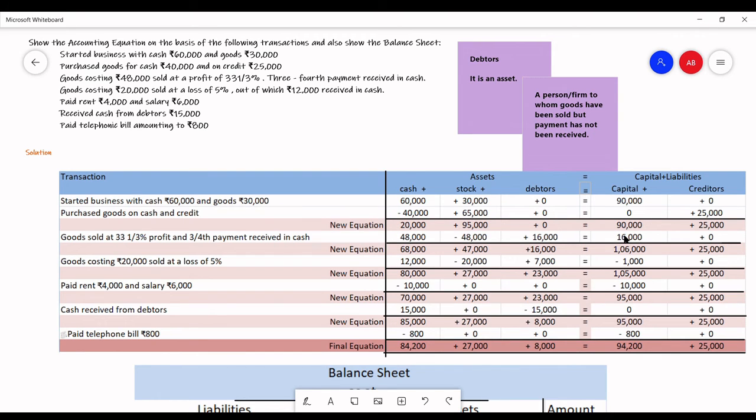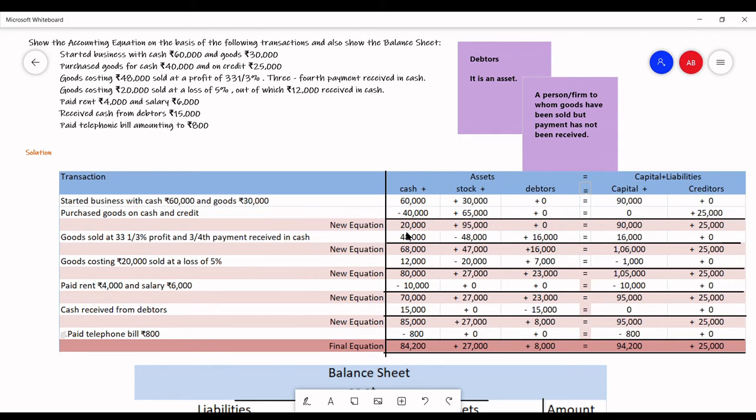Now the total cash which I have received is mentioned in the later part of the transaction. Now 48,000 plus 16,000 is the total amount which I have received, out of which 3/4 payment is received in cash. So only the 3/4 amount of this total, that is an amount of rupees 48,000, I have written under cash.